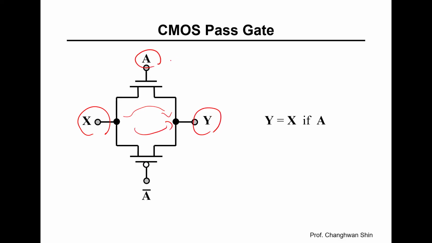So think of a pass gate as an electronic version of a bouncer at an exclusive club. When the bouncer recognizes you, you are allowed to pass from the street into the club. When the bouncer doesn't recognize you, you are blocked, regardless of who you are.